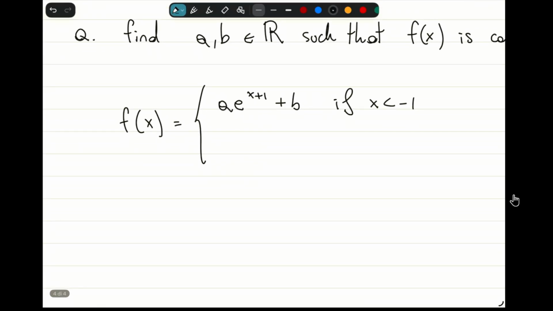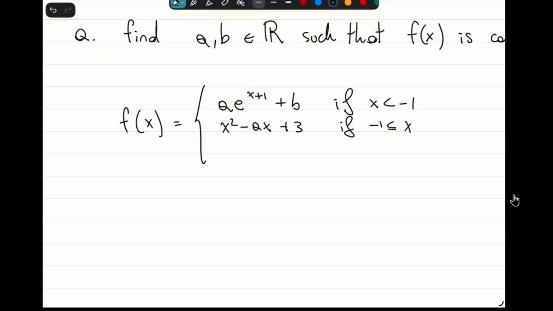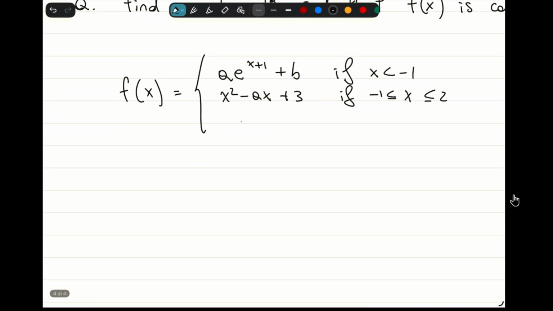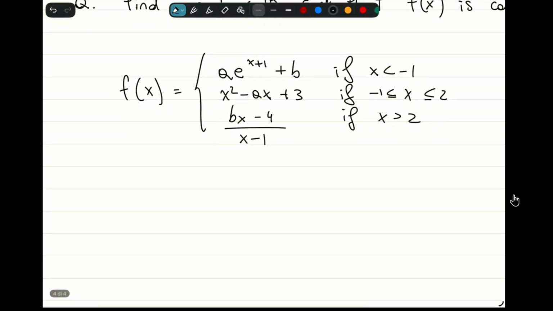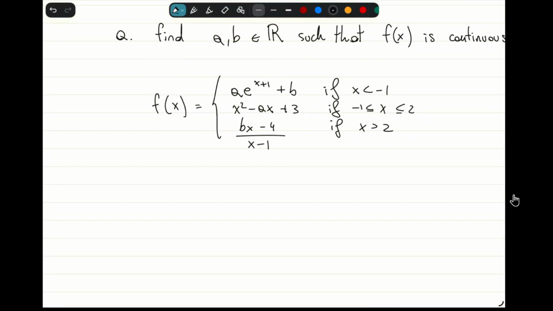We have x squared minus a x plus 3 if negative 1 is smaller than x, which is smaller or equal to 2. And then we have b x minus 4 over x minus 1 if x is greater than 2. All right, I'll let you analyze this for a second.